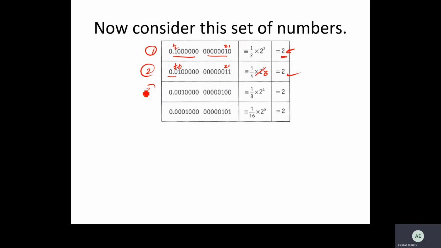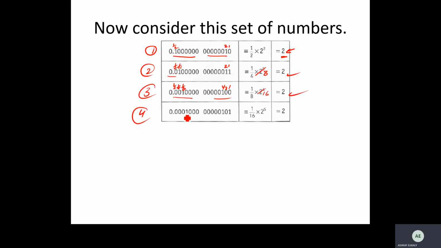As you can see in example 3, we have the mantissa as half, quarter, eighth, and then the exponent equals 4, so it will be 1/8 times 2 to the power of 4, which is 16. 16 divided by 8 also equals 2.